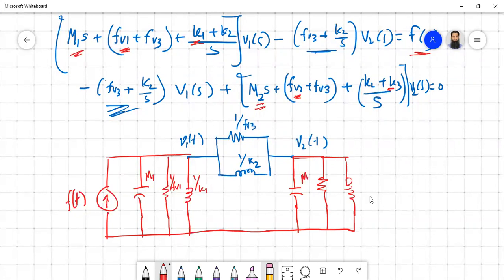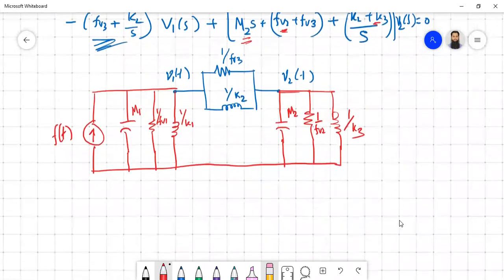This is M2, this is your 1 by fv2, and this is your 1 by K3. So this is how the same network can be represented using the series analog or using the parallel analog.